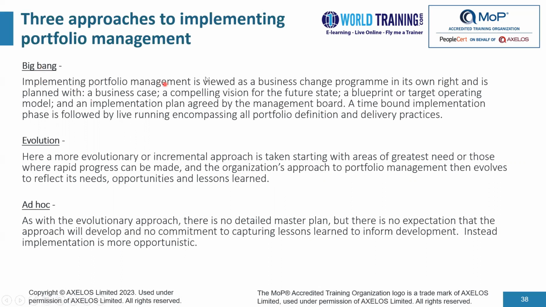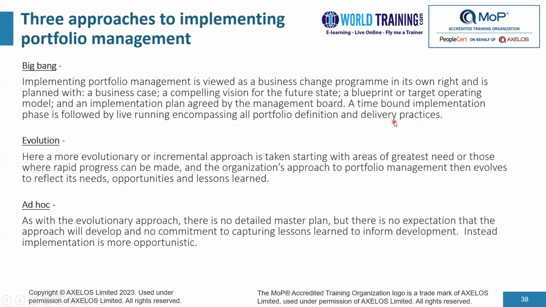Implementing portfolio management is viewed as a business change program in its own right and is planned with a business case, a compelling vision for the future state, a blueprint or a target operating model, and an implementation plan agreed by the management board. A time-bound implementation phase is followed by live running encompassing all portfolio definition and delivery practices.